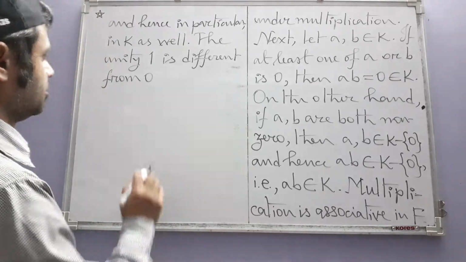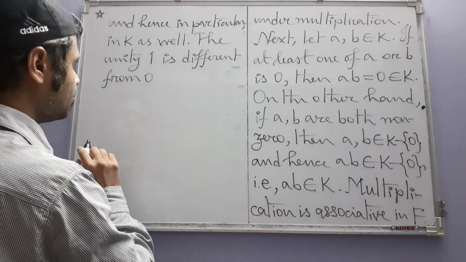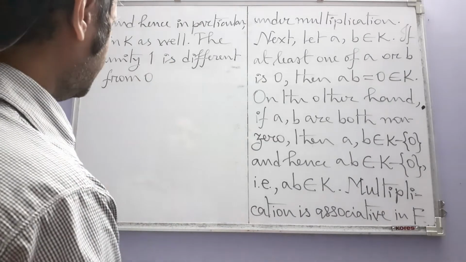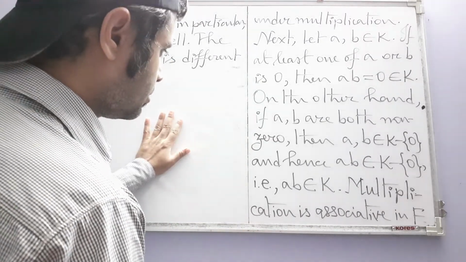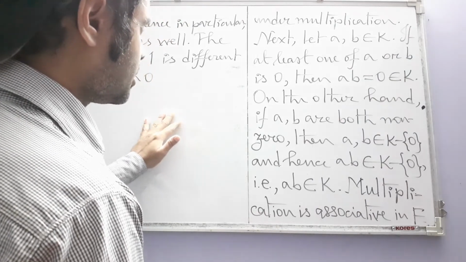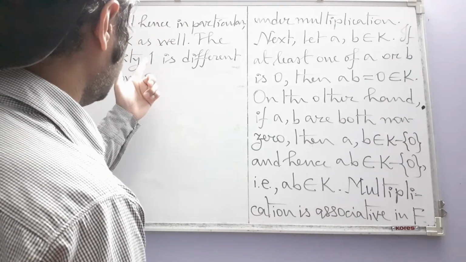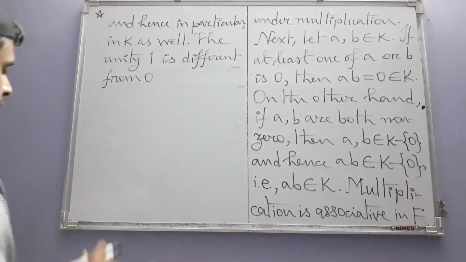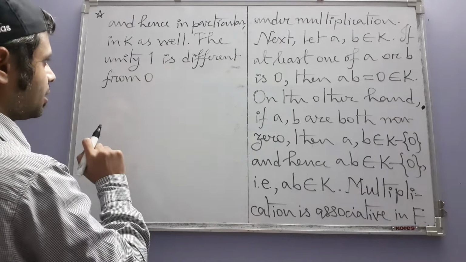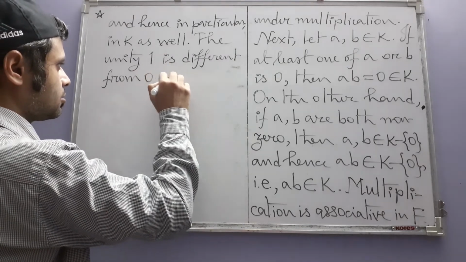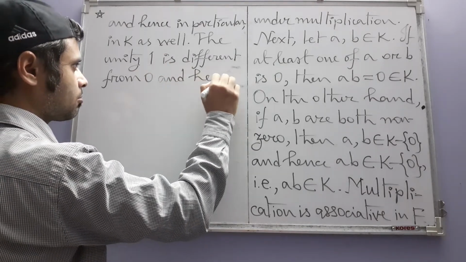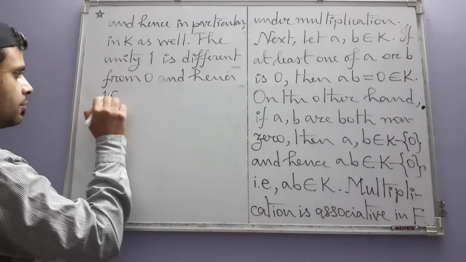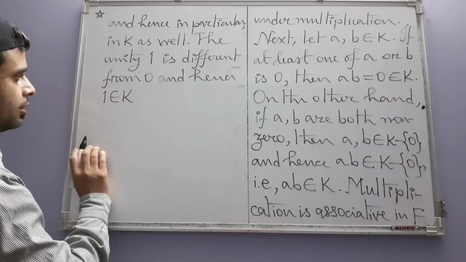It's a non-zero element. Okay, do I really need to mention this fact? Can I not just directly write that the unity belongs to K? Oh no, I need to mention this fact, that it is different from 0, and hence this belongs to K.